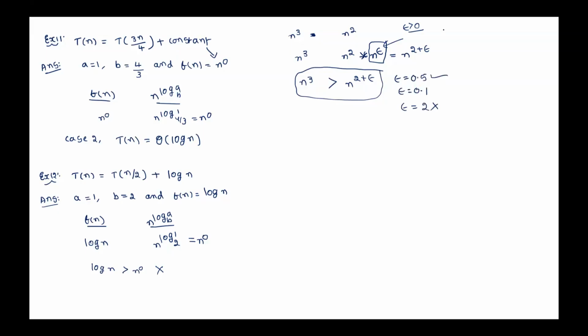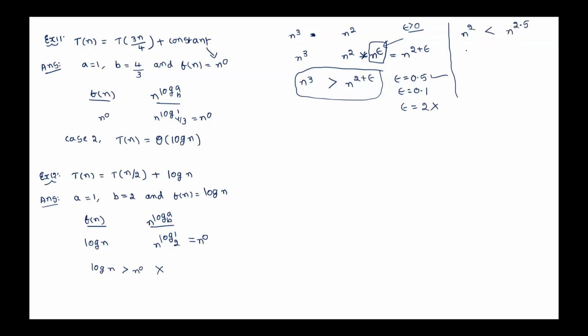If you want a polynomial amount lower, for example, we have n square and n power 2.5. N square, is it lower than n power 2.5? Yes.